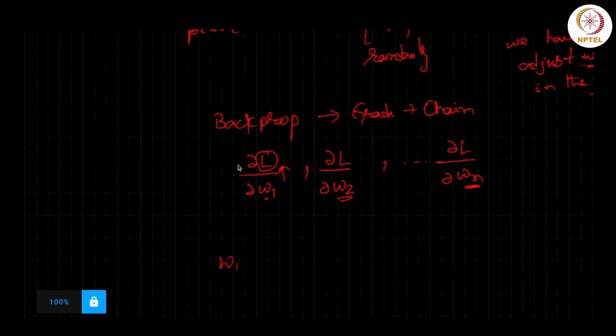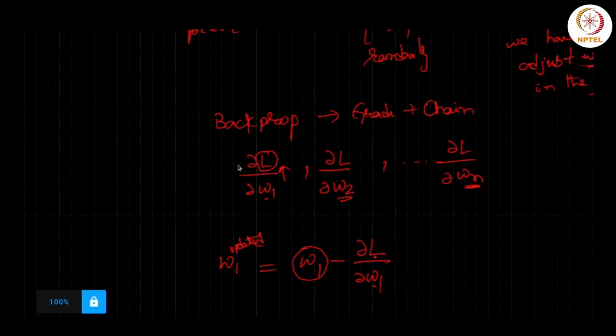So let's call it an updated weight. This would be W1 minus the same loss, right? Depending on the loss, you would adjust your weights. W1 had a certain influence on the loss, and whatever is the quantification of that influence, I am adjusting my initial weight with that.